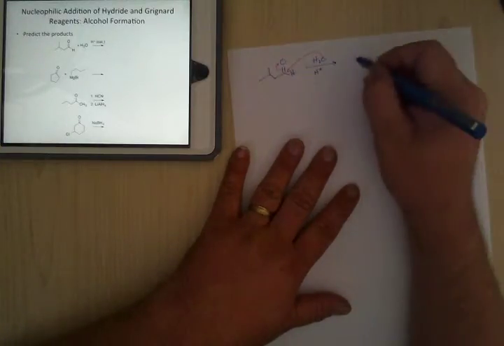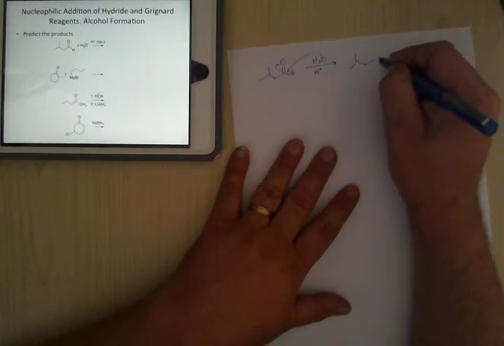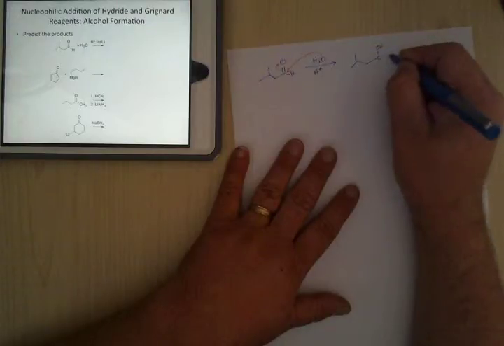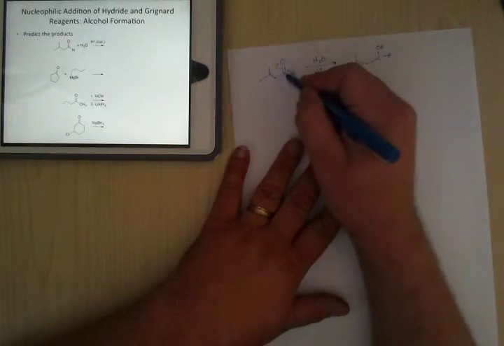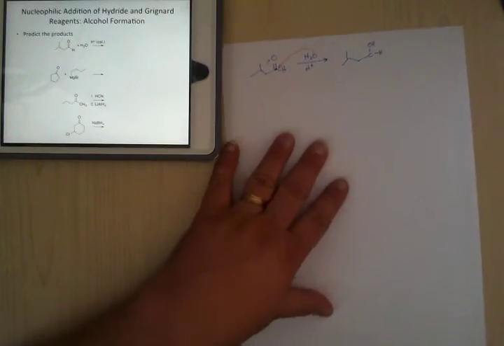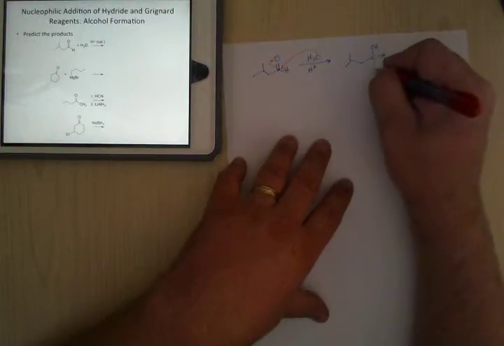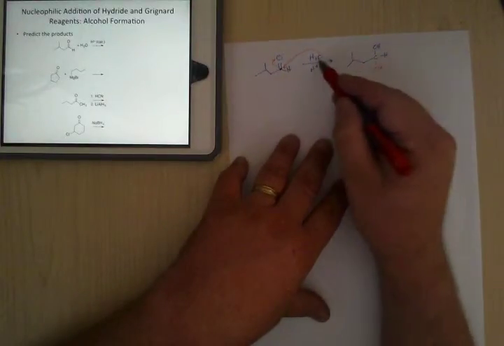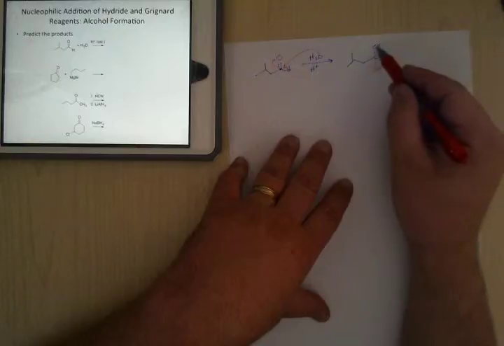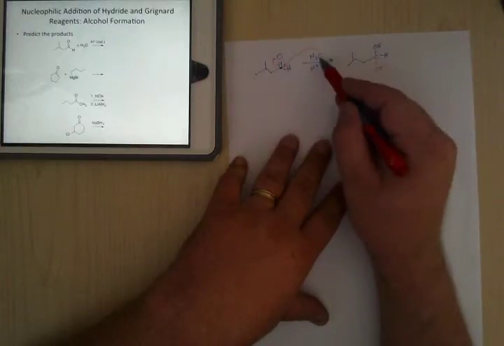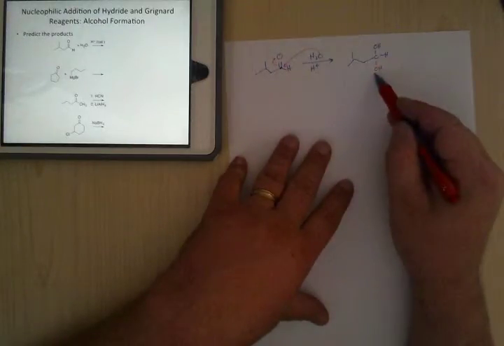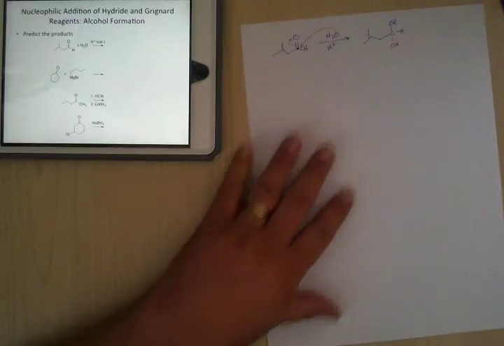So it's going to be OH on this carbon here. It's going to be an OH plus what attacked it, which is the water. So this oxygen is that oxygen, this oxygen is that oxygen.